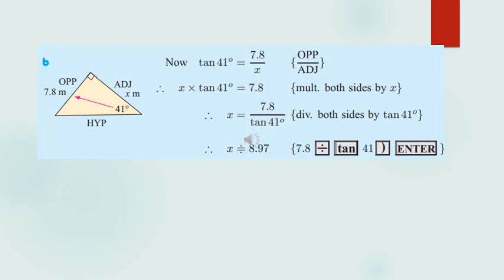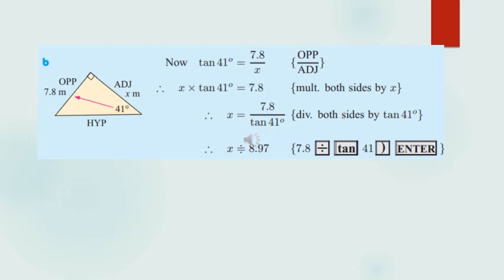So we have an angle 41, an opposite side, and we need to find out x. X is the adjacent to angle 41. It is the side that is next to angle 41. So we have opposite and adjacent. Let's see which rule we can apply.